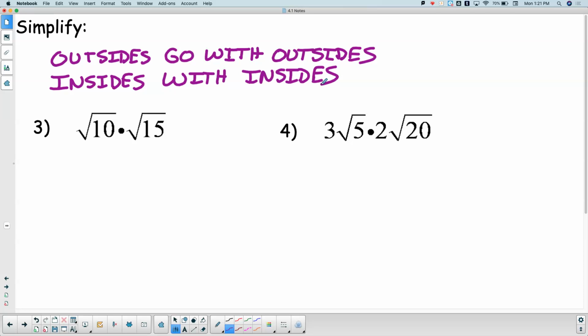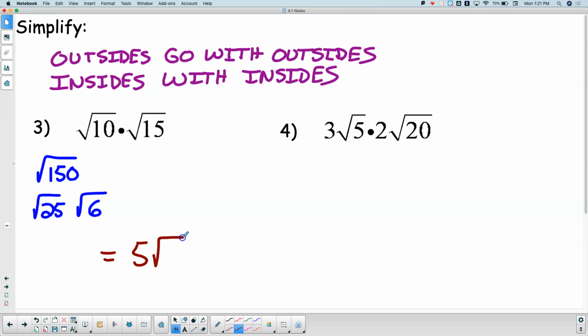So one way of doing this particular problem, here number 3, is I could make this become the square root of 150. And then I could make this become the square root of 25 and the square root of 6. And the square root of 25 is 5, and the square root of 6 is the square root of 6.